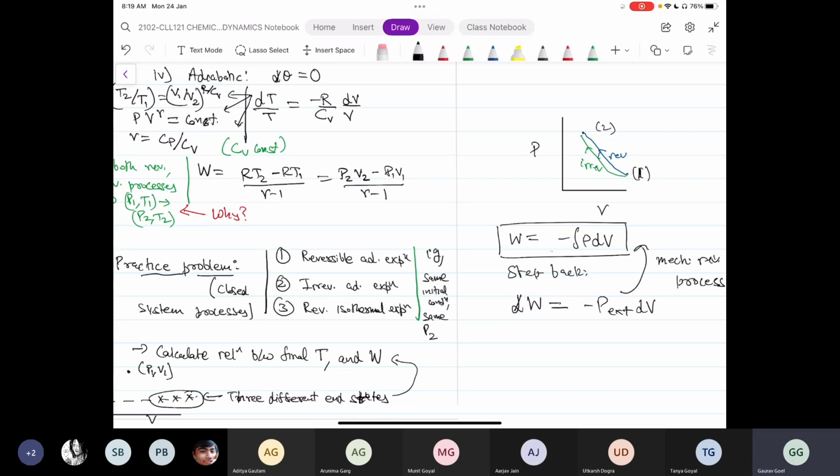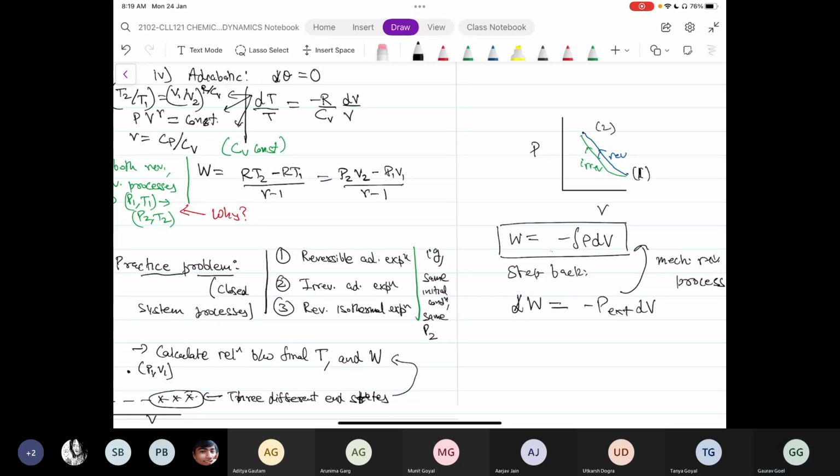So that means for the irreversible path, the green curve, this is not valid. So therefore, at least mathematically, even with two different paths, you can get the same W. Because area under the curve is valid only for the blue, not the green one. Okay, so that is the mathematical reason.